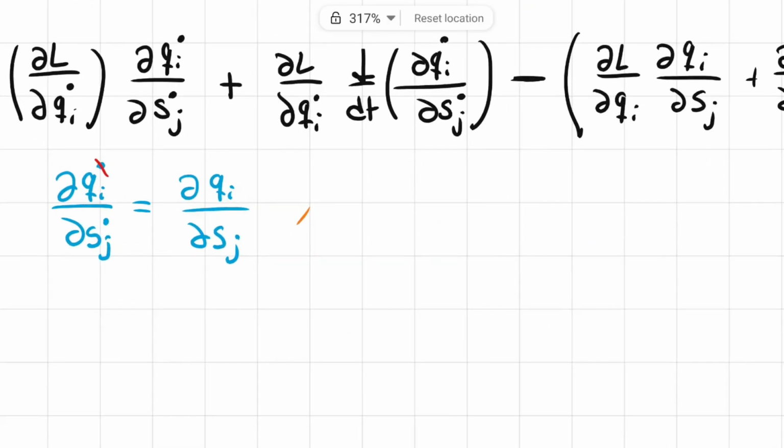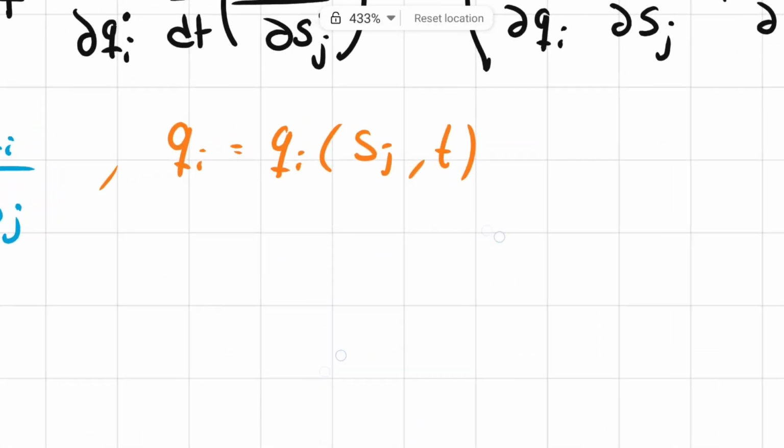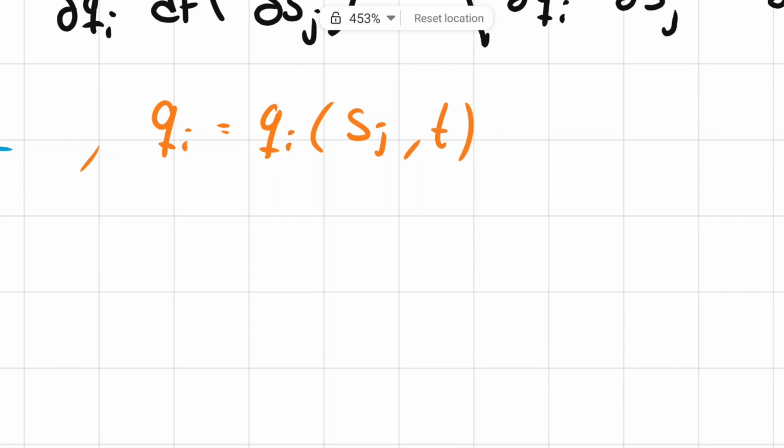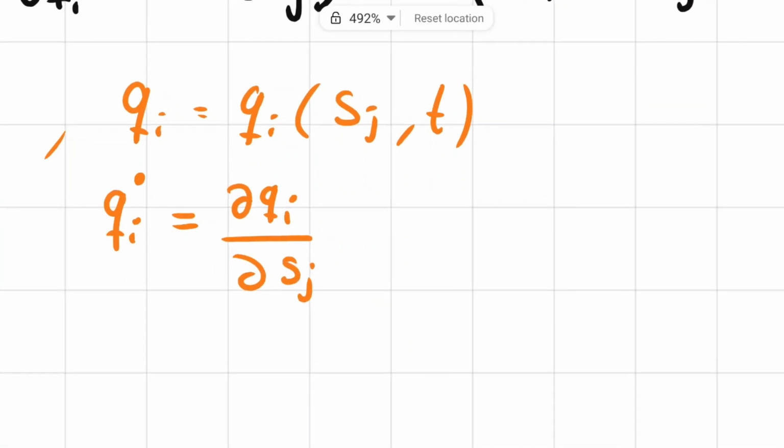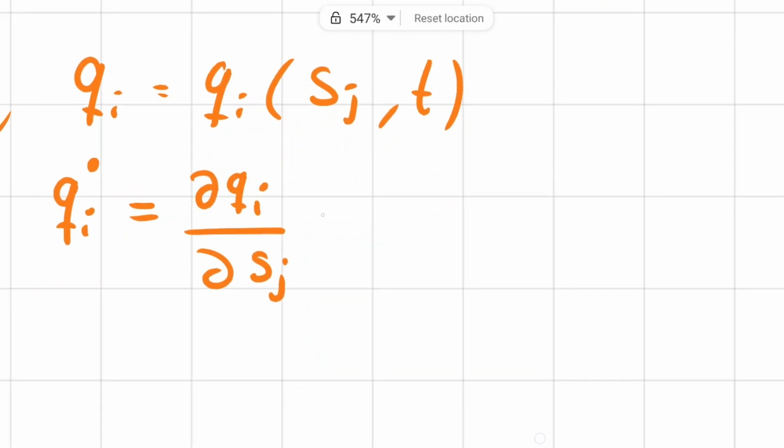First of all, we need to establish that qi is a function of sj and the time. So what happens if we take the derivative with respect to time of qi? Well, we'll see that qi dot equals the derivative of qi with respect to sj, and then we need to take the derivative of sj with respect to time due to the chain rule, so that will be sj dot.